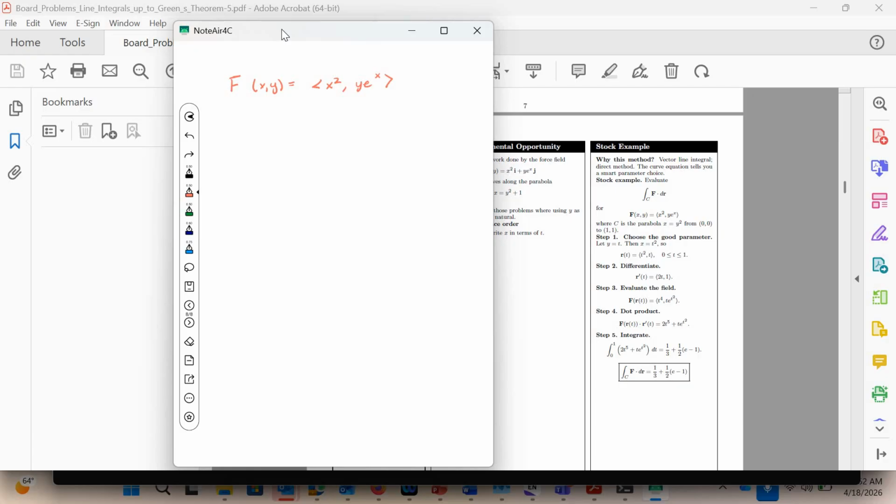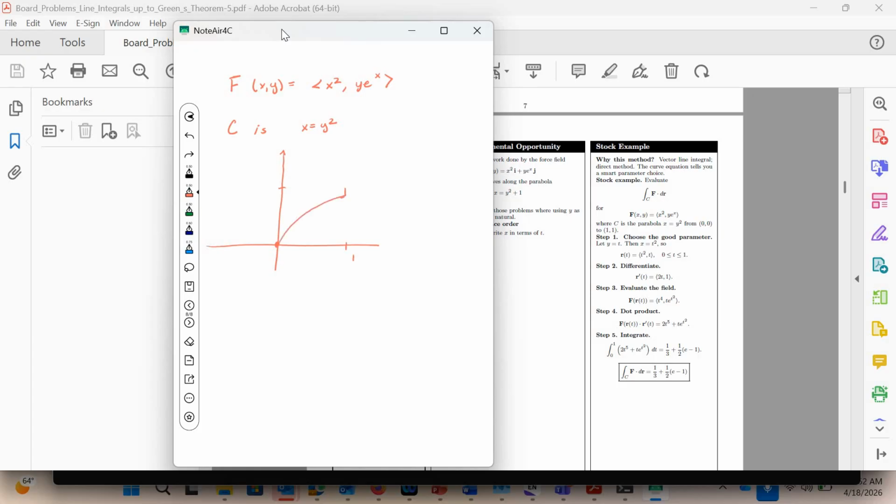And F is my wind that's either pushing, it looks like it's positive, but it gives you the direction. So at every point x, y, I can tell you what the direction of the wind is. For example, at 0, 0, there's nothing there. But at 1/2, let's do y first.